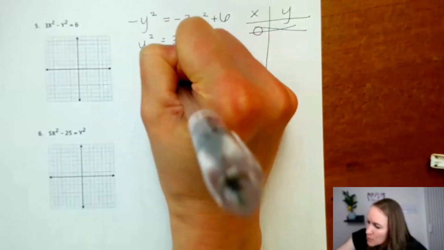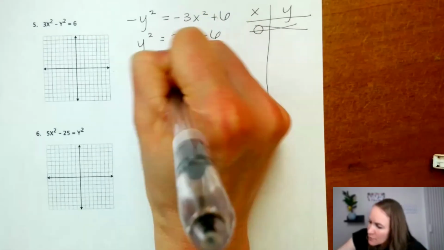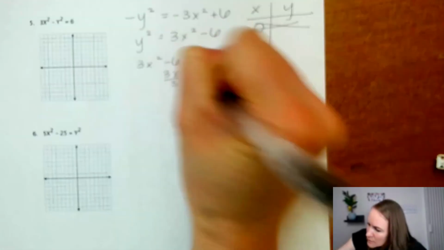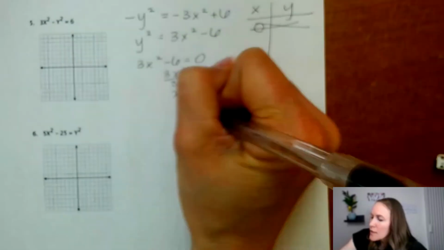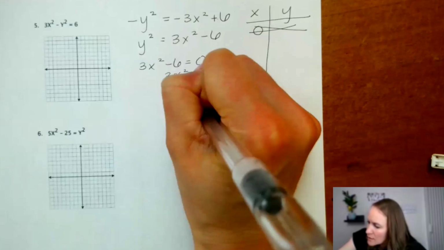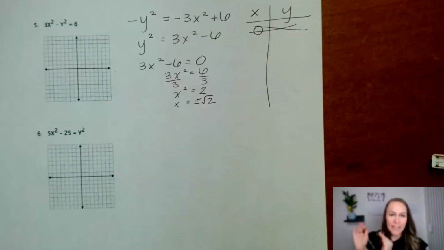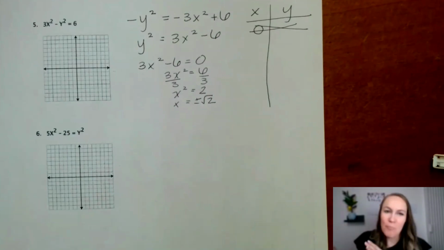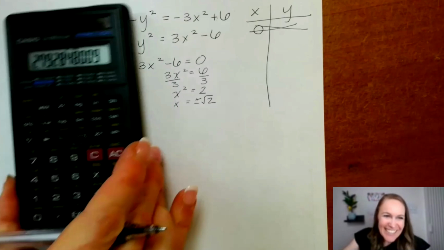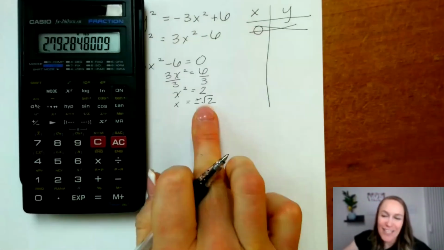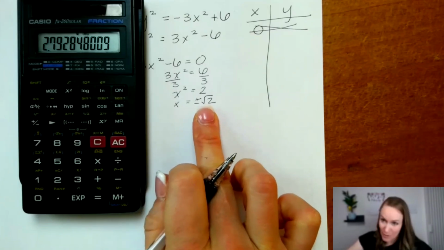We have 3x squared equals 6, and then divide by 3. So x squared equals 2, and then x equals positive and negative root 2. Okay, I can actually plug this value in because I have my calculator. So I have no idea what root 2 is. That's not a square, so it doesn't come out even.